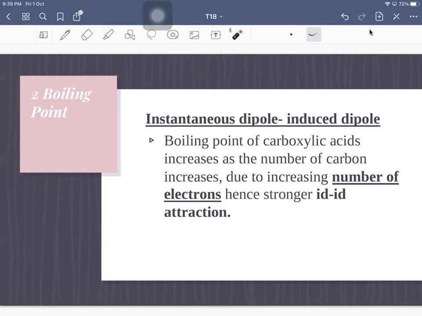This IDID force is controlled by 2 factors. One, the number of electrons: the bigger the number of electrons, the stronger the ID force, therefore the higher the boiling point. The second factor is the surface area of contact. It depends on whether your molecule is a straight chain or branched chain.